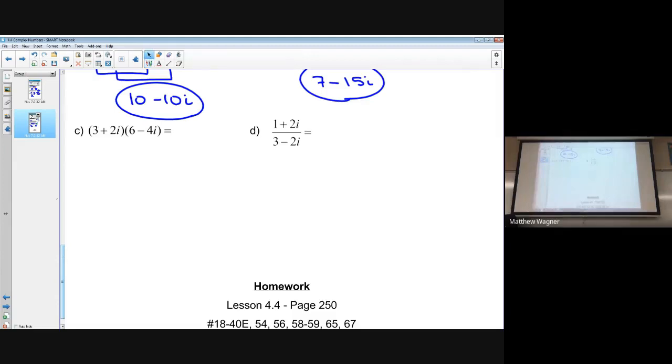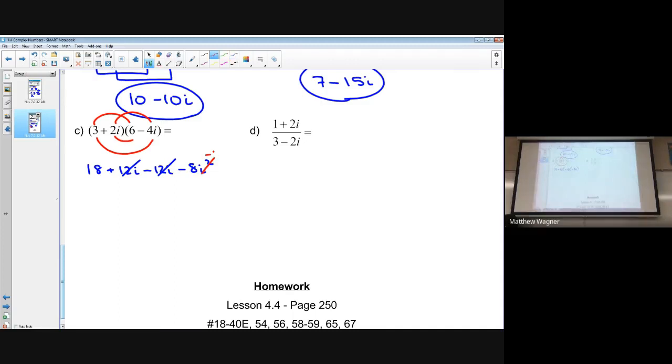When we are multiplying, you guessed it, we need to FOIL these expressions. So we're going to wind up with 18 plus 12i minus 12i minus 8i squared. In this instance, it looks like our i's will cancel.